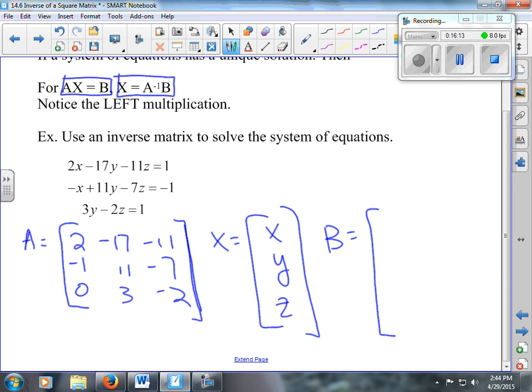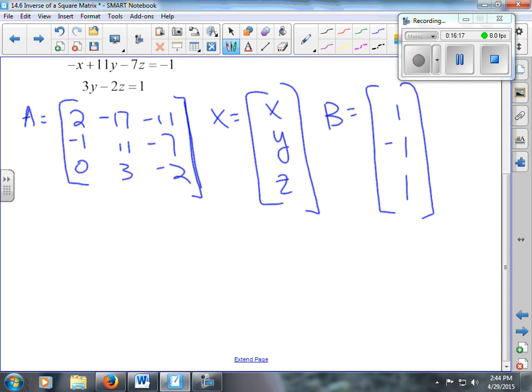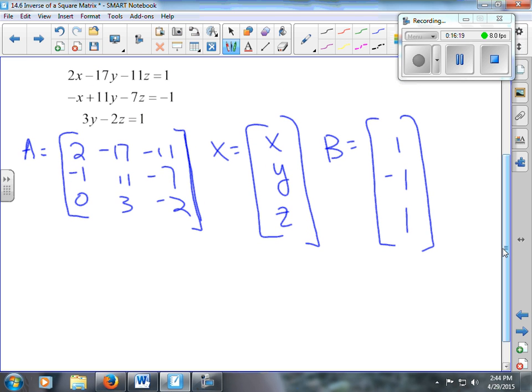That would be 1, negative 1, 1. Notice that if you perform matrix multiplication, you get exactly this equation because A is a 3 by 3, X is a 3 by 1, and your answer then is a 3 by 1, and it equals this answer matrix. Okay, so what is A inverse?